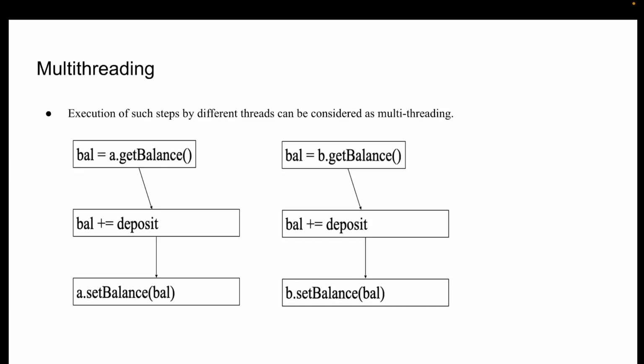So let's say at the same time, if they try to withdraw the same amount, only one of them can get that balance, right? Only one of them will be able to withdraw, and by the time one of them withdraws that amount, the balance will already be zero, right?